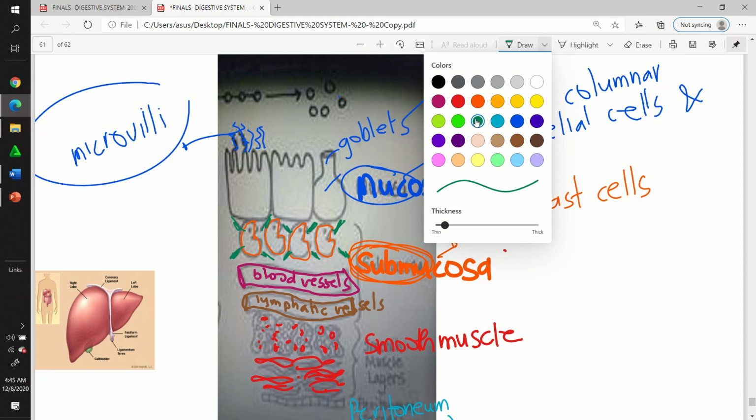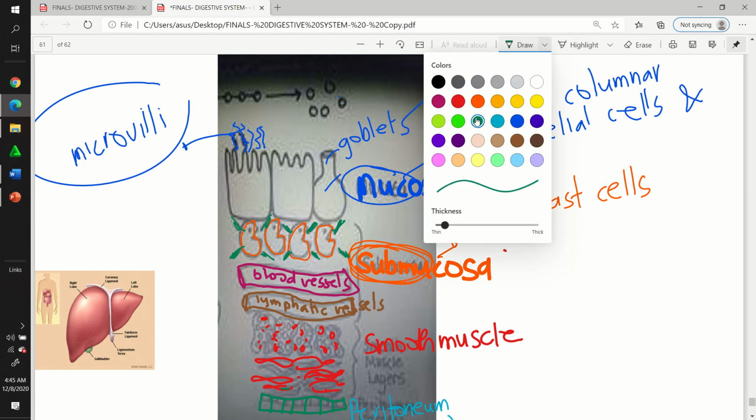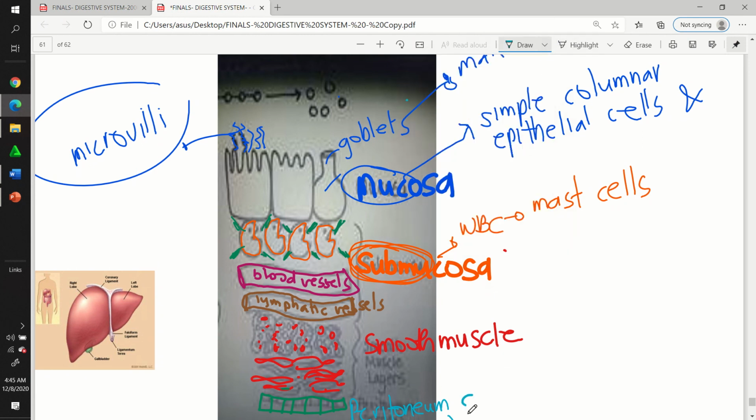It is a specialized epithelial cells that makes your serous fluid, which is your peritoneum. Your peritoneum is your serosa.